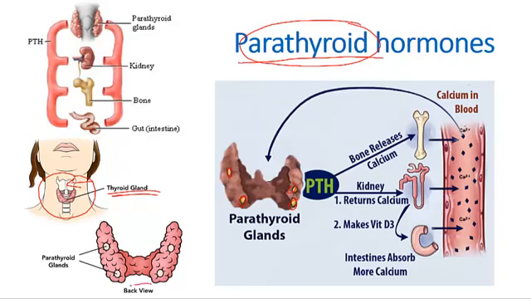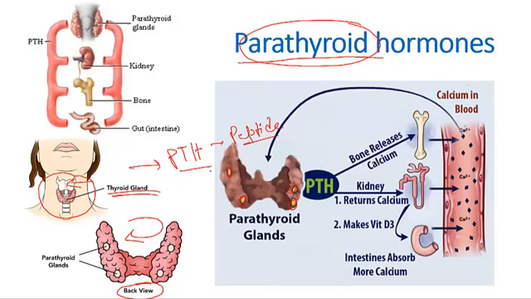If you look, this is the back view, so you turn it 180 degrees, then it will be placed here. So this is the front view, but this is the back view, and you will see that because the cluster of these glands are present in the back side of the thyroid gland only, and they start secreting hormone known as parathyroid hormone, which are peptide type of hormone or protein type of hormone.